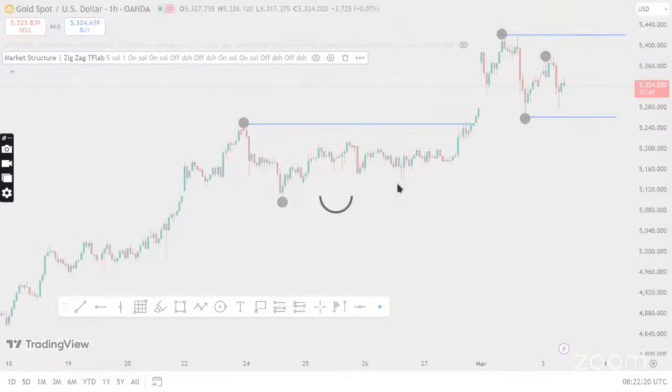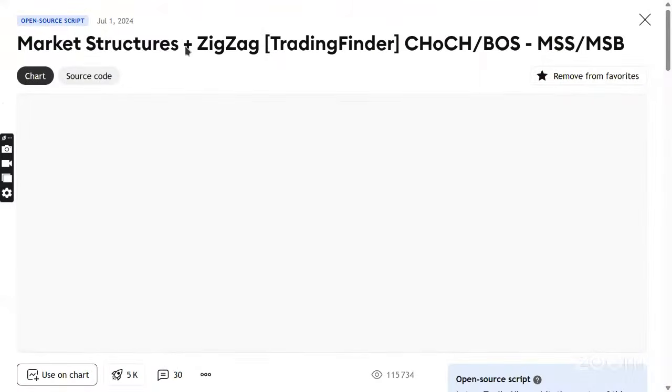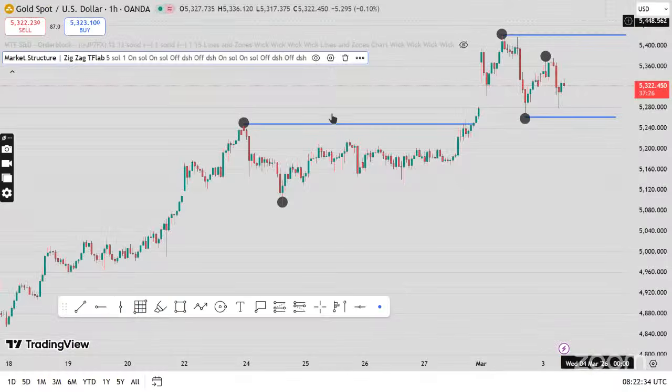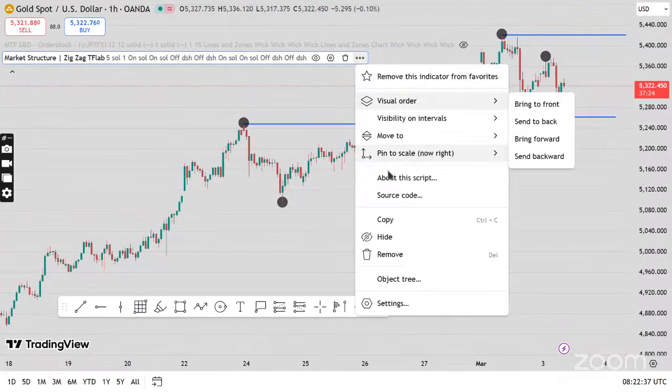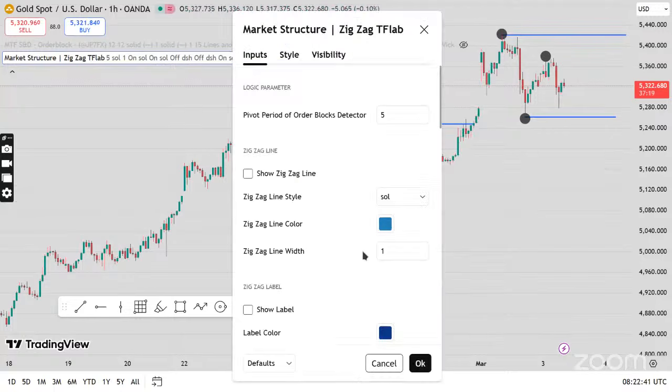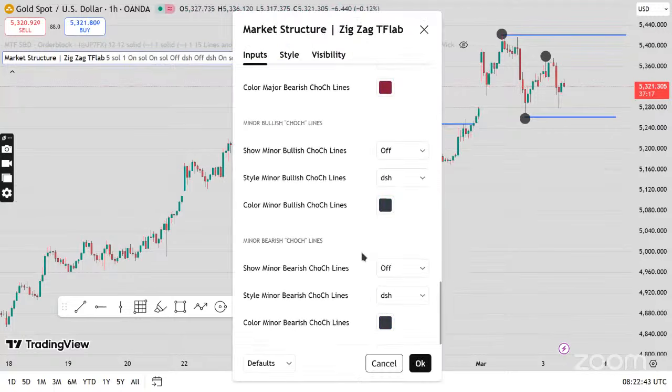It tries to show you the major breaks of structure and the change of character. It shows you minor levels and major levels. Let me put on all the levels. I switched off the minor levels, I will be needing them for this analysis.